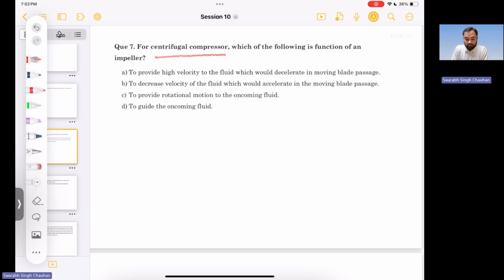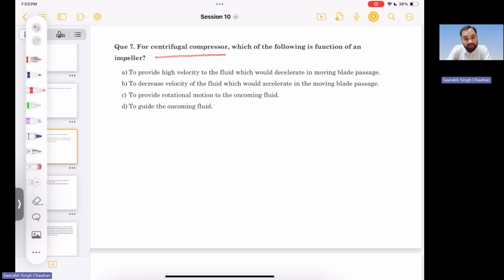So we know what impeller does. The impeller is basically rotating. Fluid comes, and the impeller blade basically imparts some kinetic energy to the fluid. The fluid has some kinetic energy at inlet.